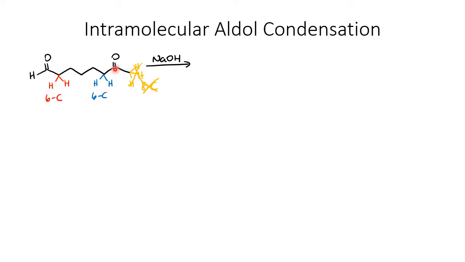Now we learned in chapter 19 that aldehydes are more reactive than ketones, partially because they are less sterically hindered. So that attack of an aldehyde is going to be more favorable than an attack of a ketone. So as a result, the blue hydrogens are going to be more favorable to be removed by the sodium hydroxide.